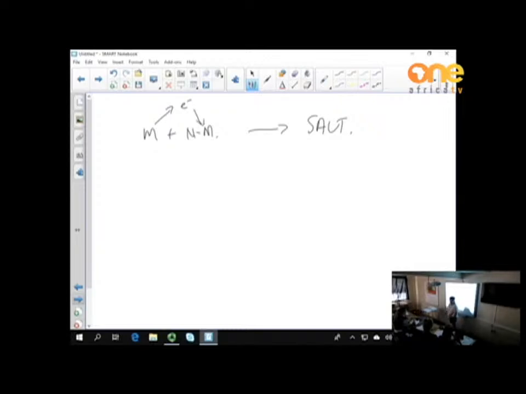If an atom loses electrons, it becomes positive. If an atom gains electrons, it becomes negative. What force do we have between positive and negative? Yes, strong Coulomb forces. So, what will the properties of a salt be?